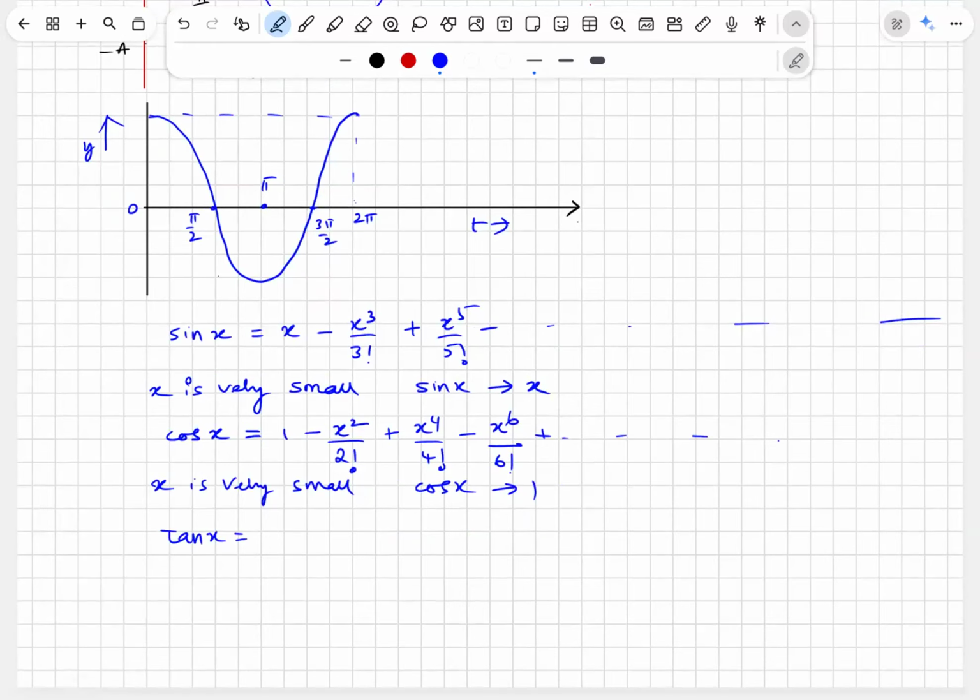Tan x, I don't even remember this function, but since you are asking, I'm just writing x plus x cube by 3 plus 2 by 15 times x power 5 and so on. That is the reason why when x is very small, tan x tends to x.